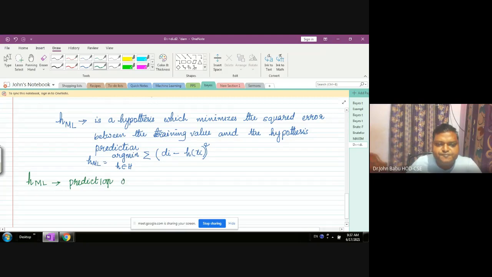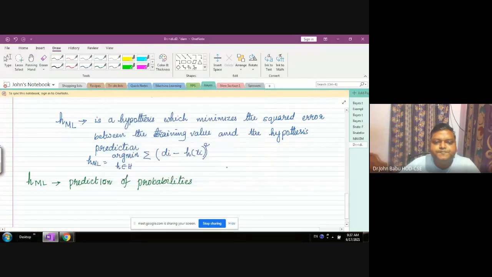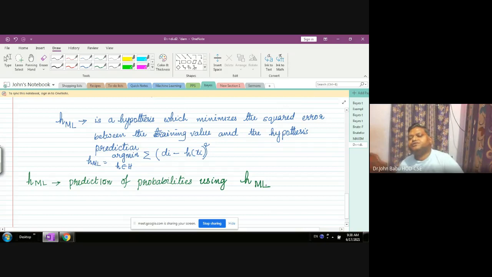Prediction of probabilities using this maximum likelihood hypothesis, that is our topic.